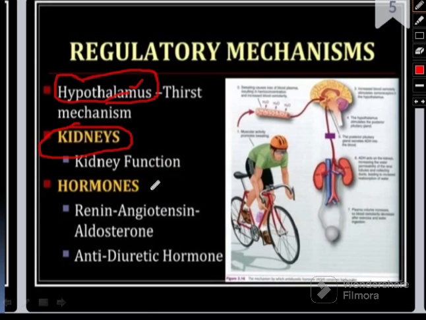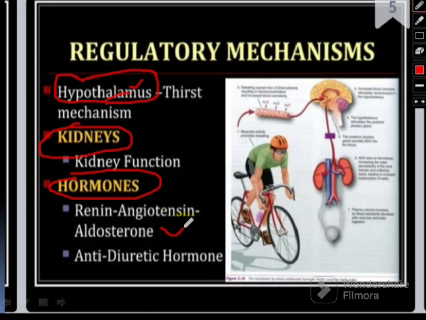Under hormones, you have the renin, angiotensin, and aldosterone system. This system helps you to regulate body water when it is in excess or when it is less. In fact, renin is secreted by the kidney.